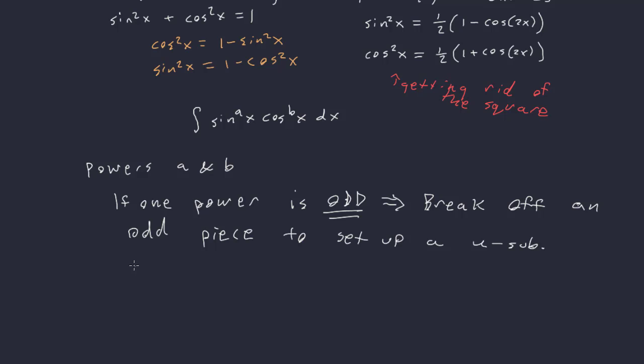Sometimes we need to do multiple Pythagorean identities, so we set up a u substitution, possibly with multiple applications of the Pythagorean identity.